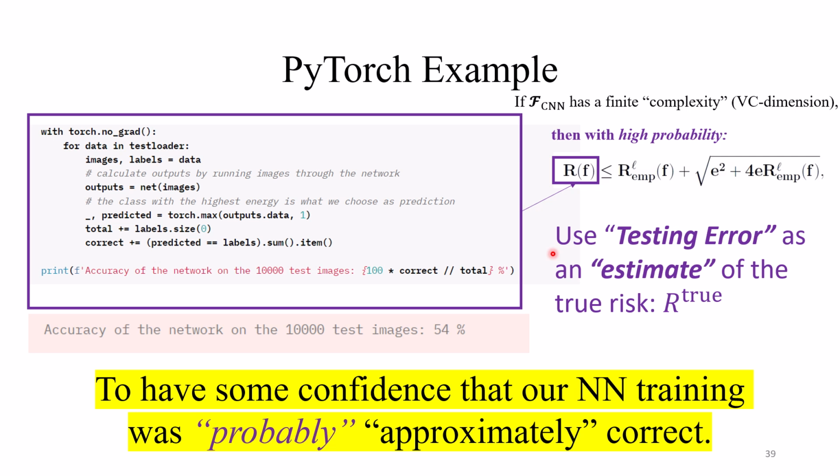Now, I should point out that the test error here is still not the true risk. We will never know the true risk, but at least this is a step in that direction.